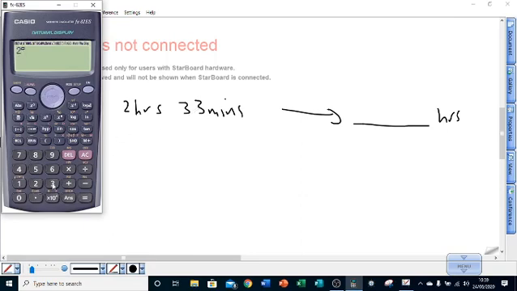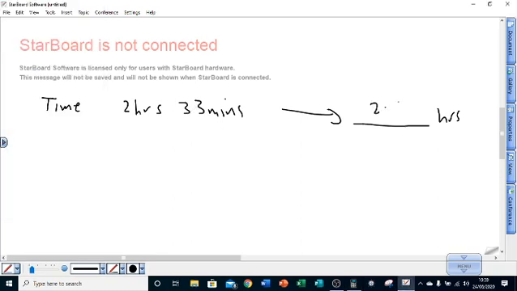You've got 33 minutes, those are your minutes, come second, and there's no seconds, so I need 0 seconds. And don't forget to finish off by pressing that button again. Press equals, and you'll see it comes up like that, 2 hours, 33 minutes, no seconds. If you press SD, you get the fraction or you get the decimal. So 2 hours and 33 minutes is exactly 2.55 hours.